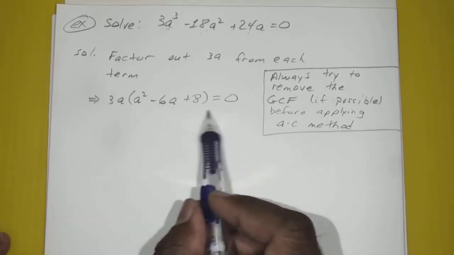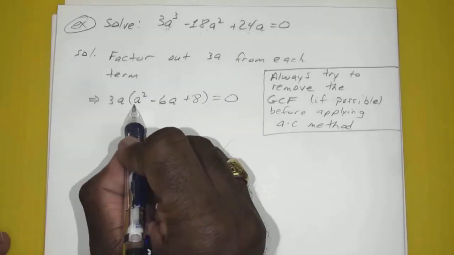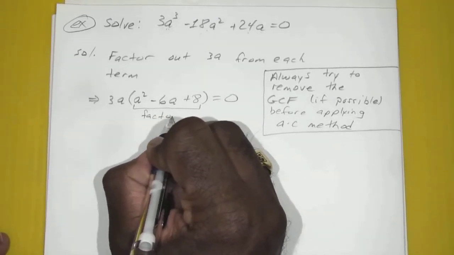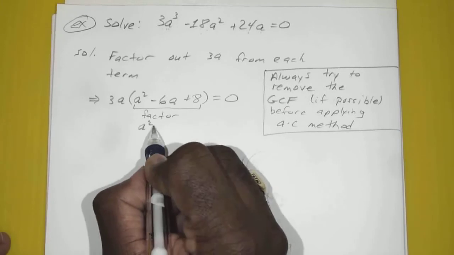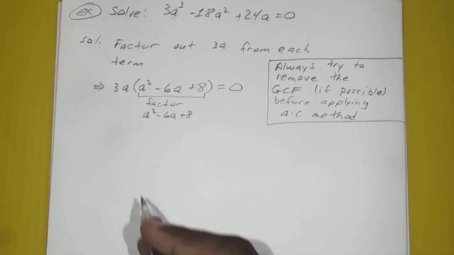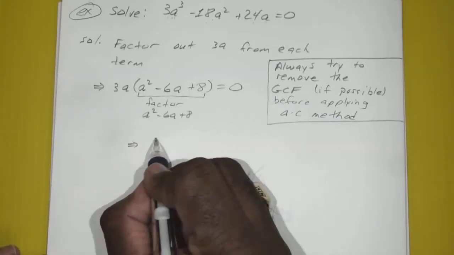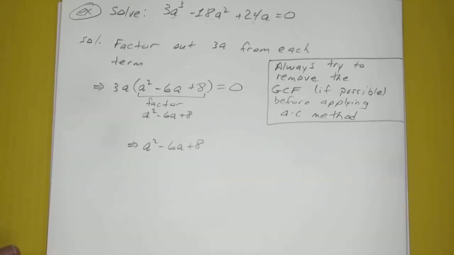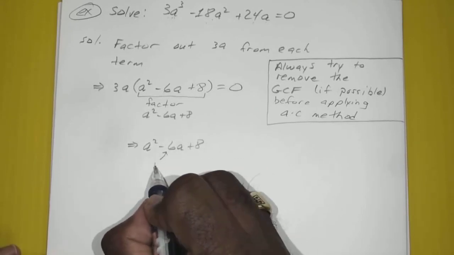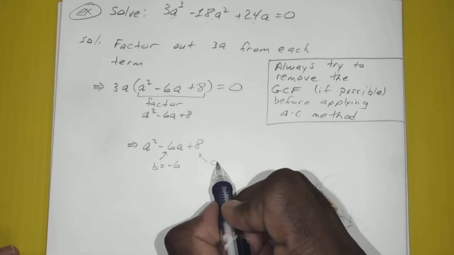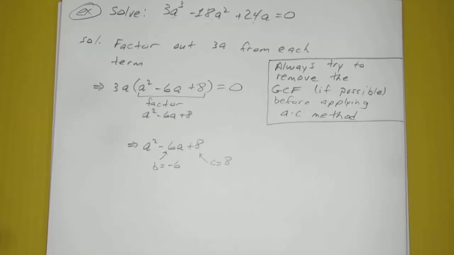Okay, so now we don't have to worry about factoring out that, we just have to factor this part. Factor a squared minus 6a plus 8. So for our a squared minus 6a plus 8, we know that our b is equal to negative 6, and our c is equal to 8.